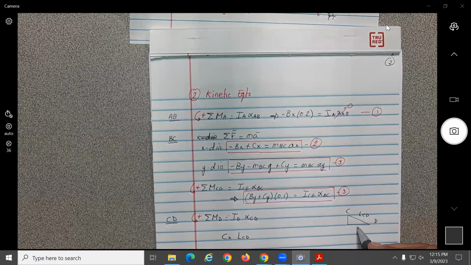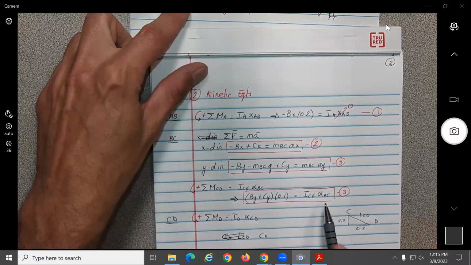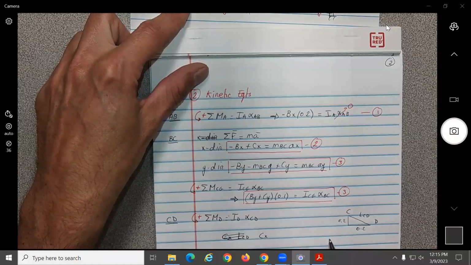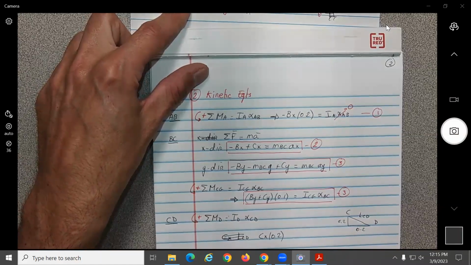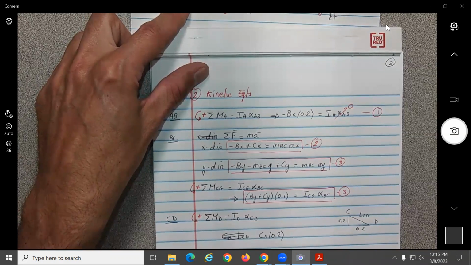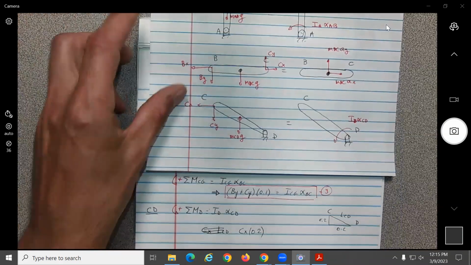This is 0.2 and 0.2, no? So we could do C_X times what? C_X is going on the left, so it's going to make a counterclockwise moment. So C_X times 0.2. Here we go.